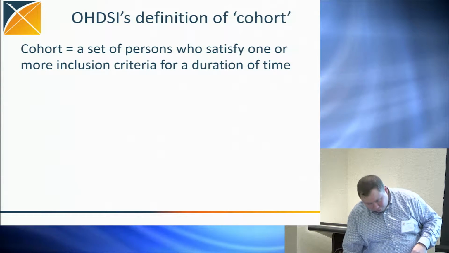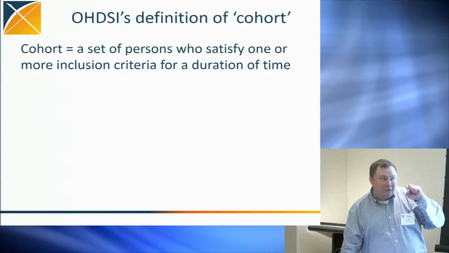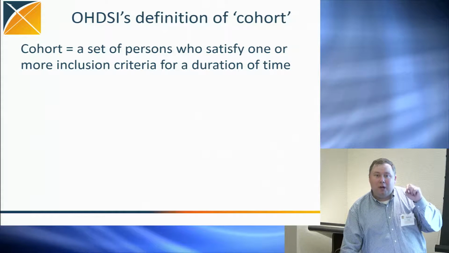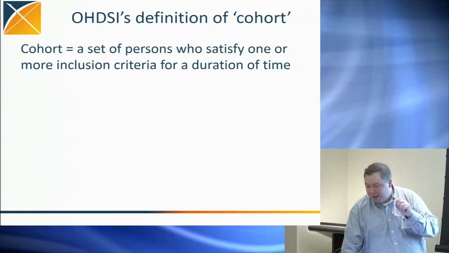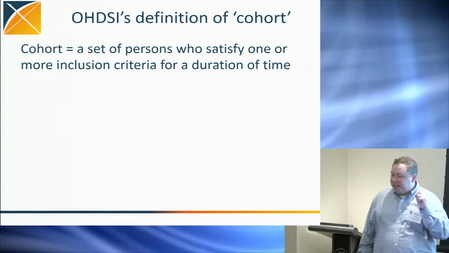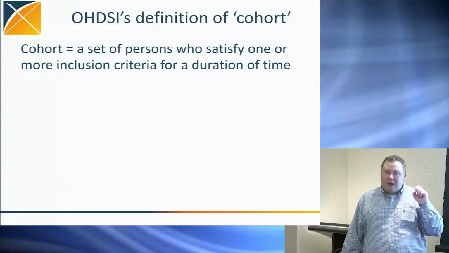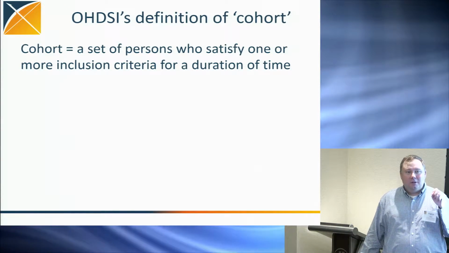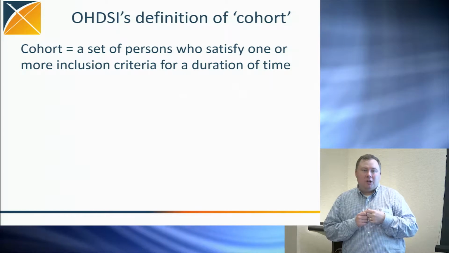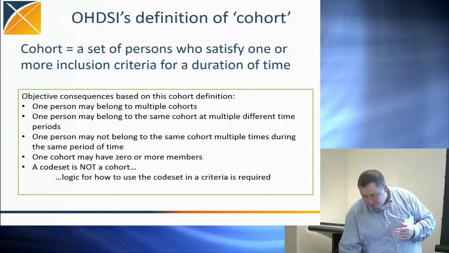Okay. So framing language here. A cohort. I'm going to define a specific definition of the word cohort that we're going to use throughout the day. A cohort is a set of persons who satisfy one or more inclusion criteria for a duration of time. Okay. So here's the consequences.